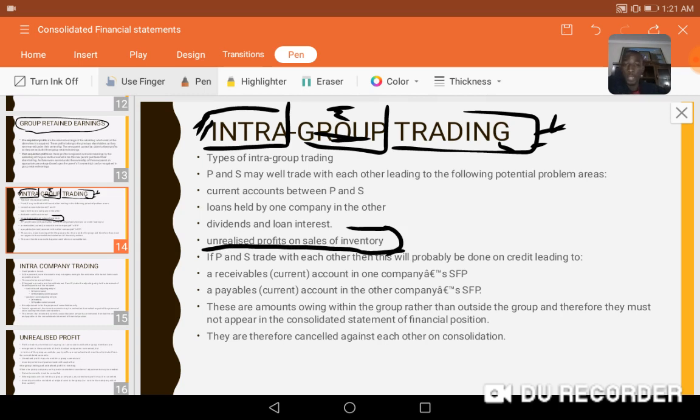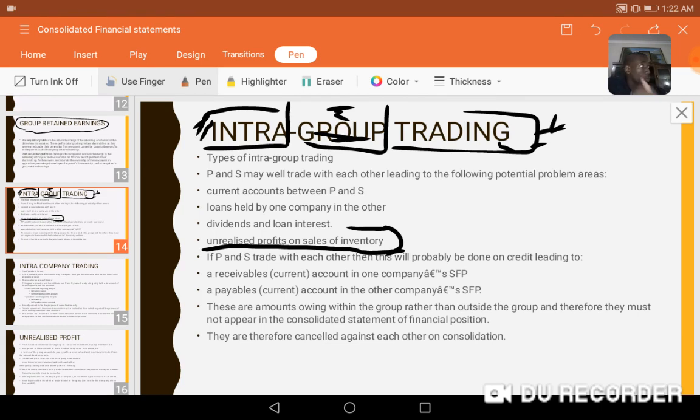Normally, the trading between the companies happens like in any other normal trading business, which might happen with a third party. The parent or subsidiary might sell to each other goods on credit.